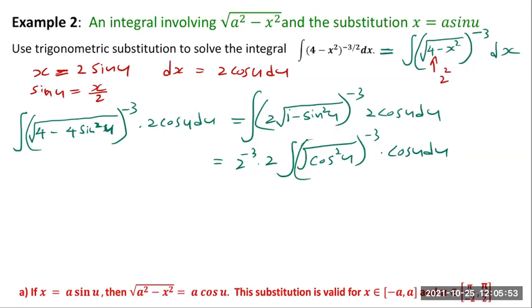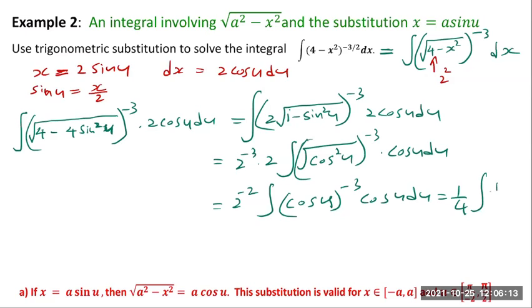So you can take that cosine u to the bottom. This is 2 to the power minus 2, integration of cosine u to the power minus 3 times cosine u du. Simplifying this, you get 1/4 times the integration of 1 over cosine squared u du.